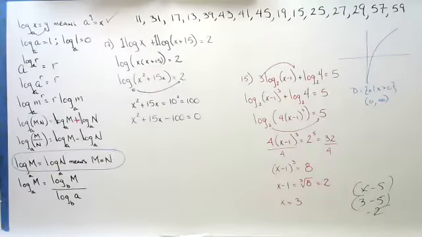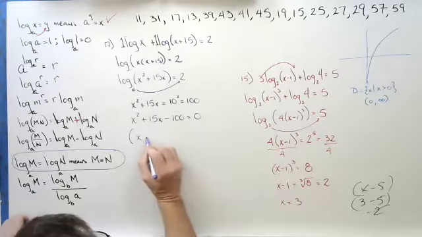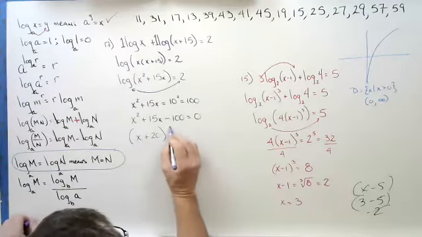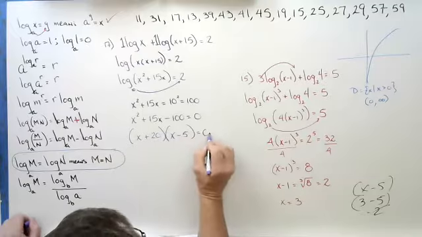Well, now we're in algebra 1. Now we're factoring, right? We need two numbers that multiply to 100 and differ by 15. So that's going to be 20 times 5, right? So we're going to get x plus 20 times x minus 5 equals 0.